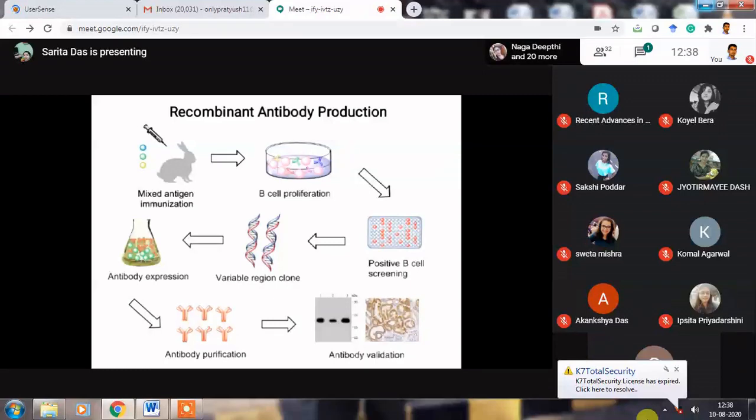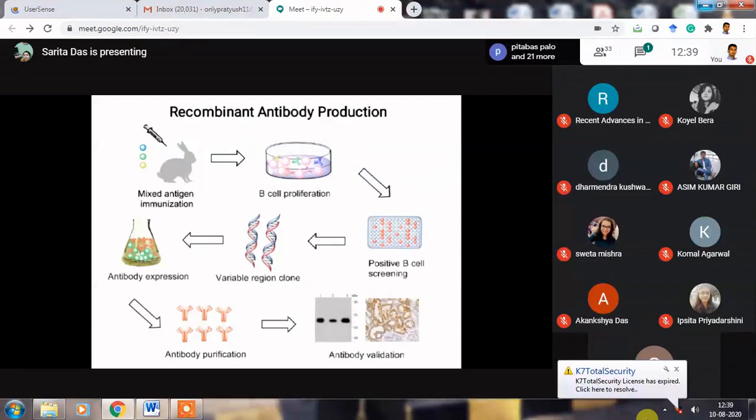Then the variable region of the antibody can be cloned, followed by large-scale production of the antibody, its purification, and its validation, meaning checking its potency, whether it is working effectively or not. First, whether it is available in pure form. That is shown by the X-ray film here.